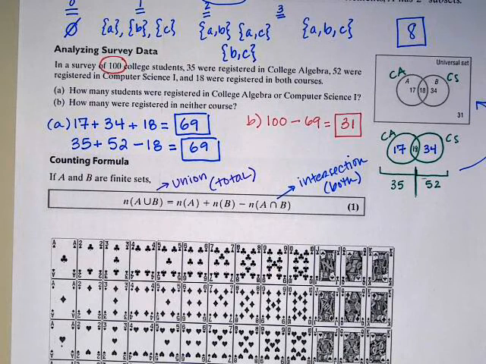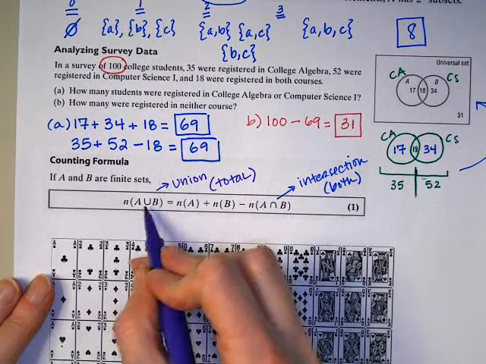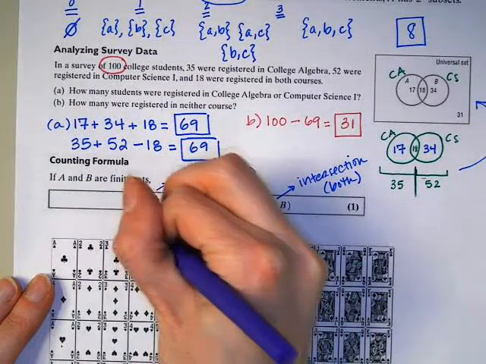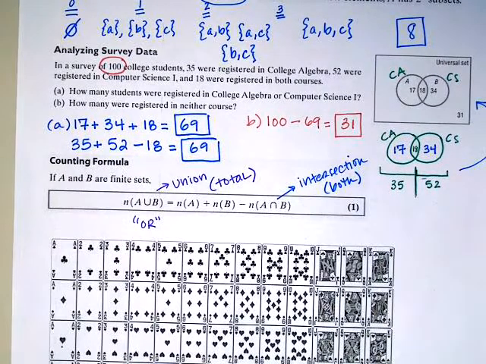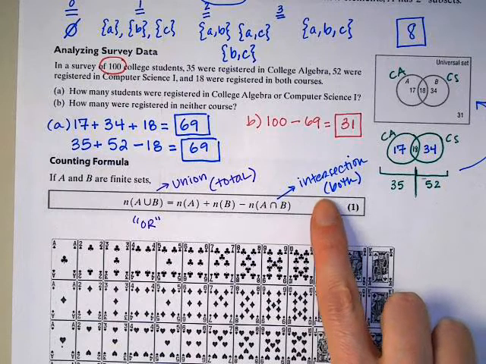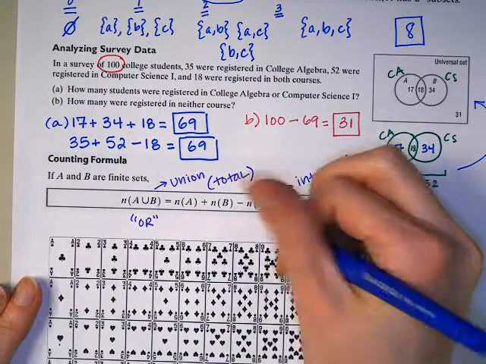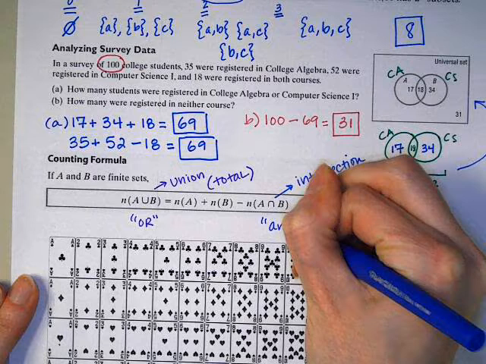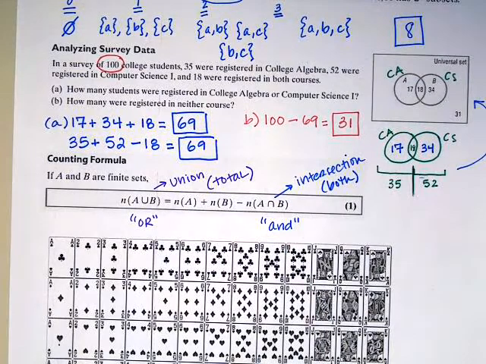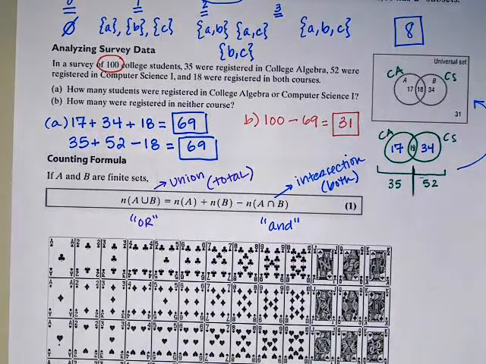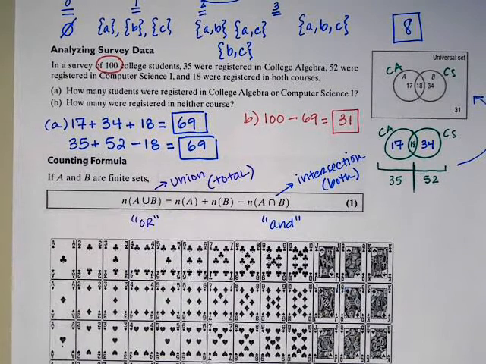Another important thing that I think helps: when you're talking about the union total, think of or, because they want this or this, which is like the total. And when you're seeing intersection or both, think of that more as representing and, because they have to contain both. That's the intersection. So this is a good formula.